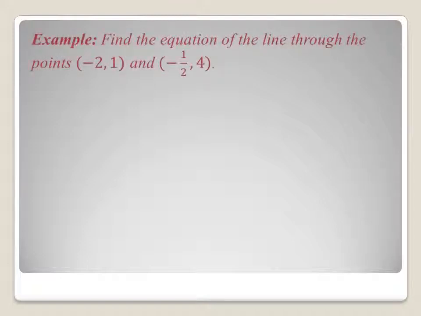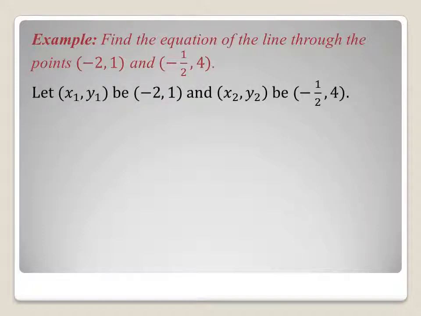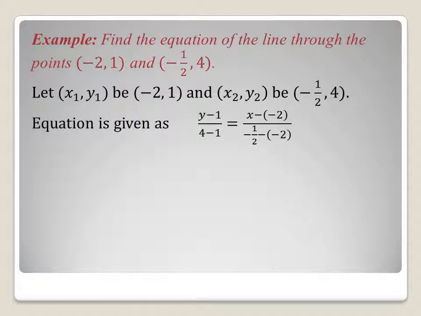Let's take an example. Find the equation of the line through the points (-2, 1) and (-1/2, 4). Let the points (x1, y1) be (-2, 1) and (x2, y2) be (-1/2, 4). The equation of the line using the 2-point form is now given as (y minus 1) over (4 minus 1) equals (x minus -2) divided by (-1/2 minus -2).